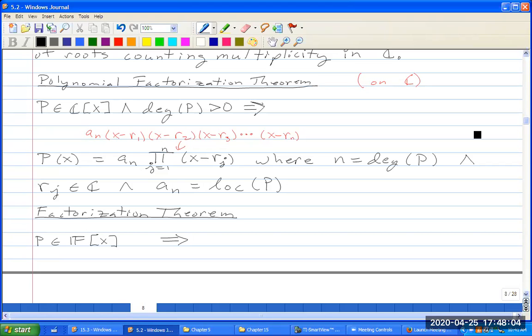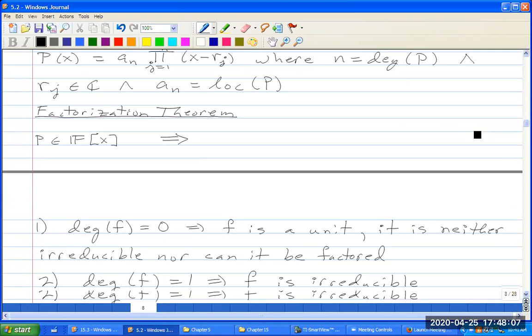The factorization theorem. Let p be a polynomial with coefficients in some field, F. Then if the degree of p is 0, then p is a unit. It is neither irreducible nor can it be factored. You can't really factor 23 as a polynomial, or let's say 24.